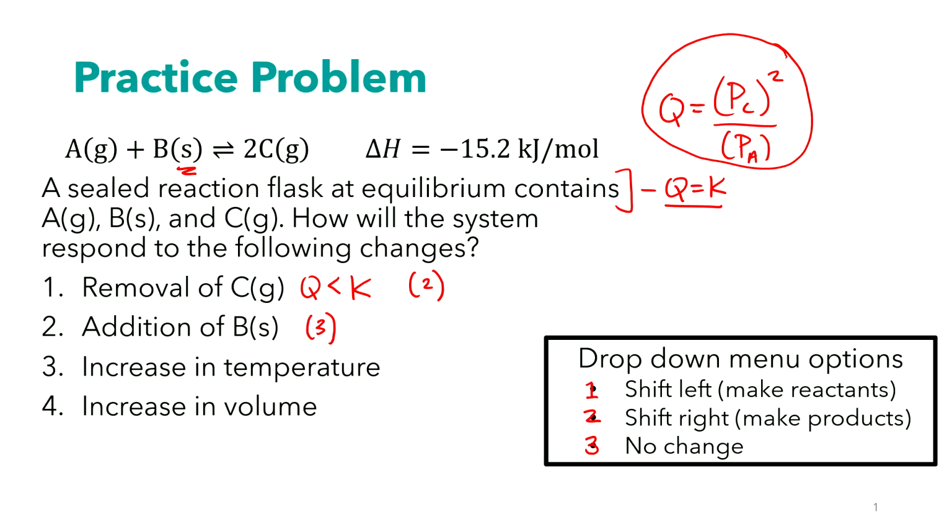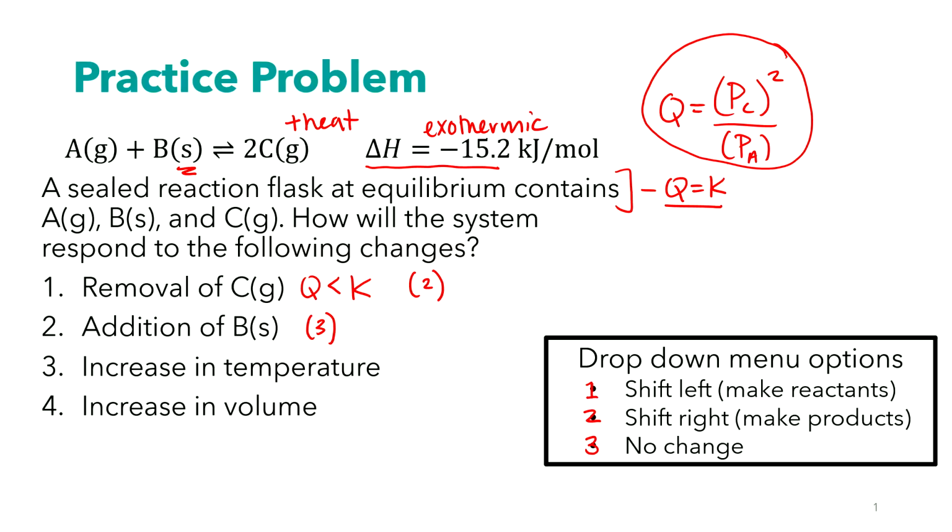All right, an increase in temperature, what's that going to do for us? Is that going to shift left or shift right? Or no change? You can pick no change. Good. The key to this is to recognize the delta H is negative, so it's an exothermic process. All right, that means that we should view heat or temperature as a product.